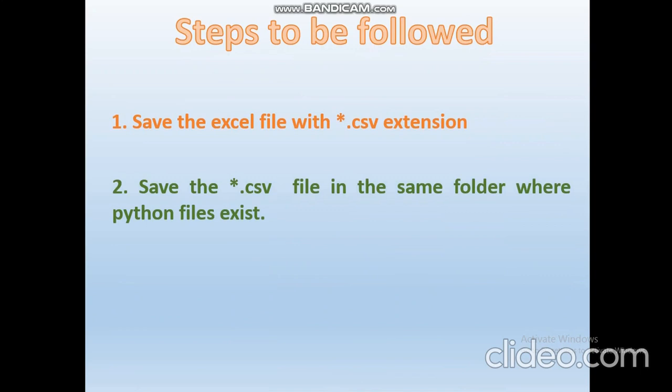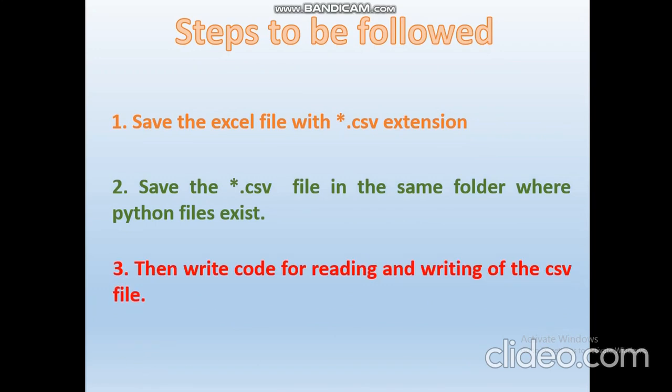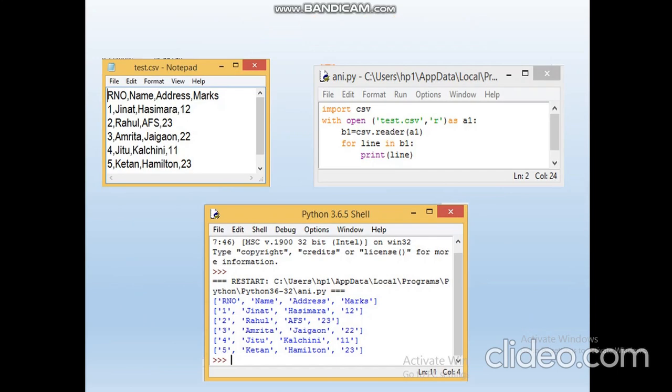Then the CSV file you have to keep in the folder where already the Python files are existing. Number third, then you can start writing scripting for your reading and writing CSV. Now here I have shown you the example by which you can read a CSV file.